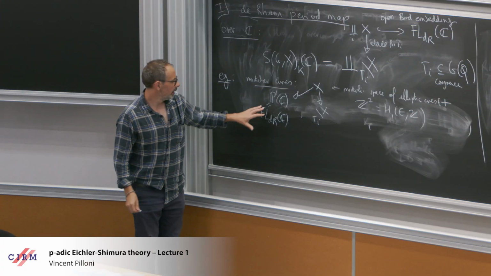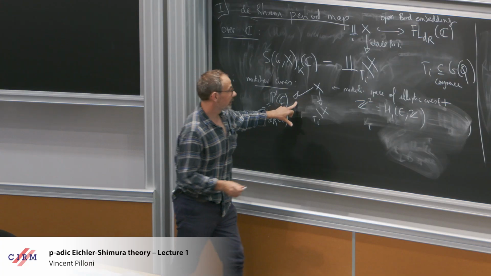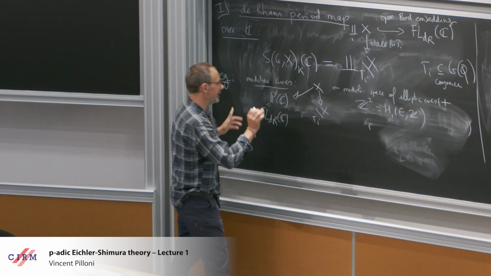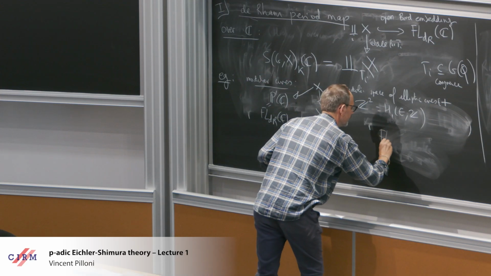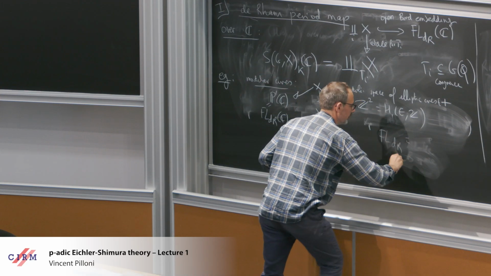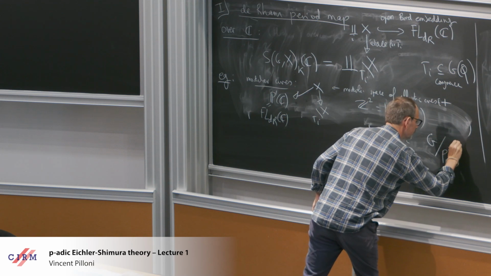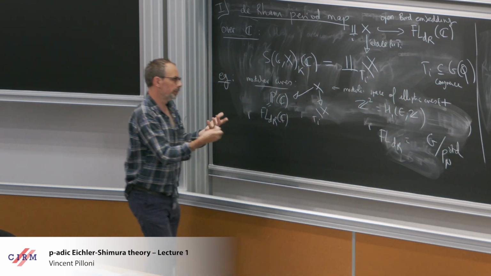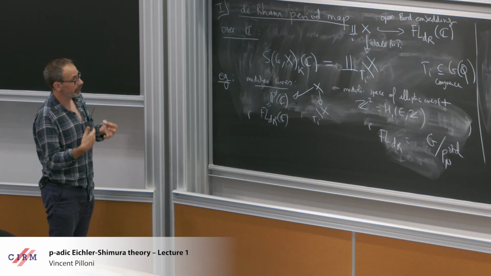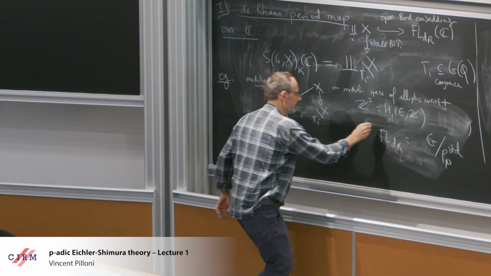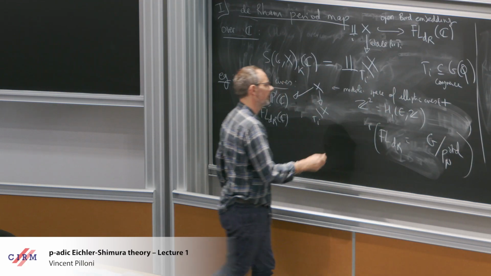All right, so this is what we have. In general, FL de Rham is G over P_mu standard, and P_mu standard is a parabolic attached to the Shimura datum. But if you've never seen this, it's fine.